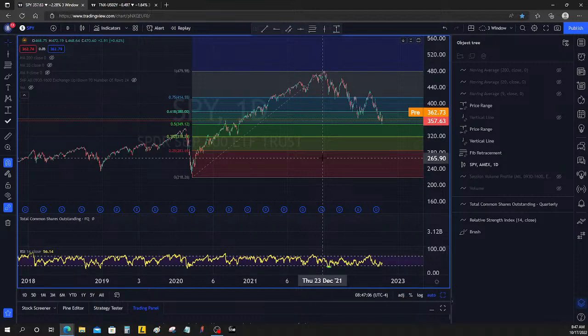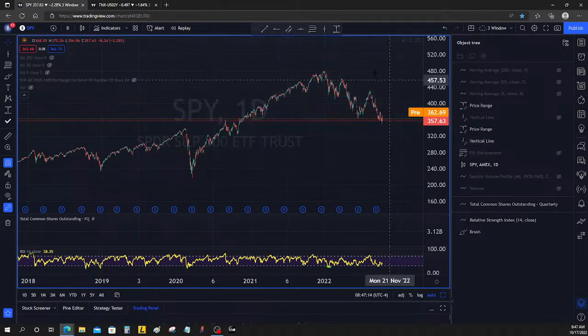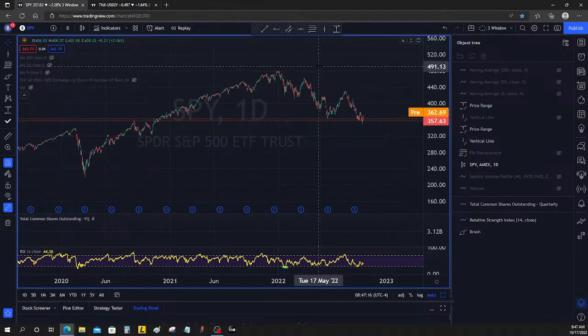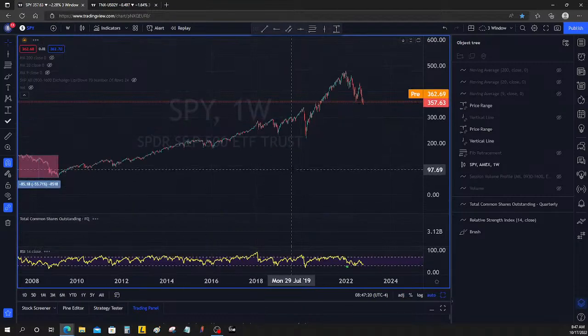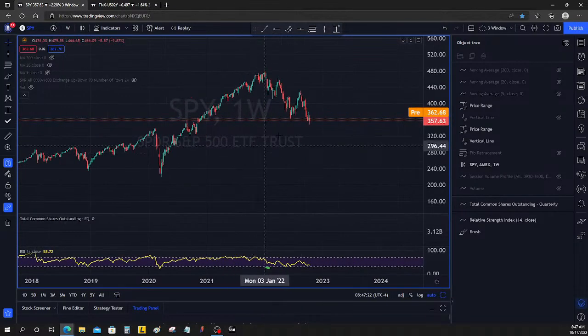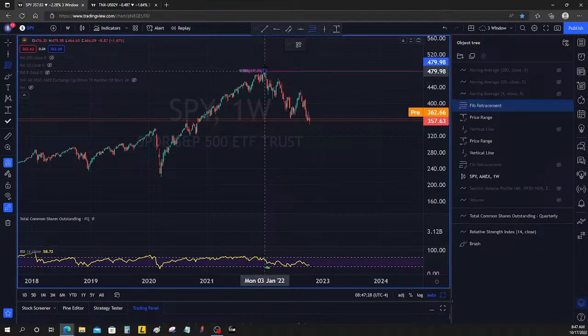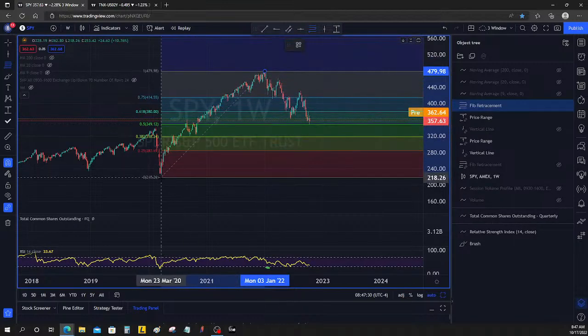So here we are. If we do this in reverse, I'm going to take this Fibonacci off right here, and I'm going to retrace it in reverse. Let me go to the weekly so it's a little bit easier to retrace. I'm going to go from absolute peak. I should do closing, but the difference becomes insignificant on closes.